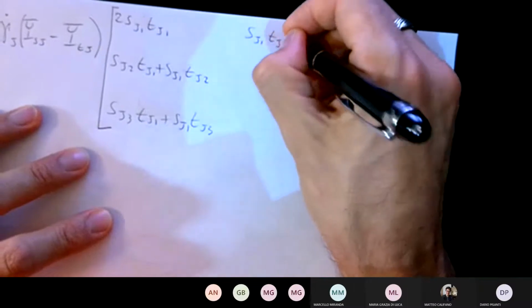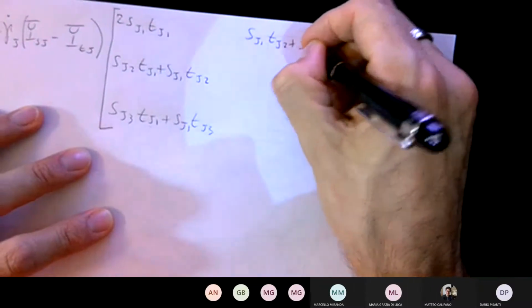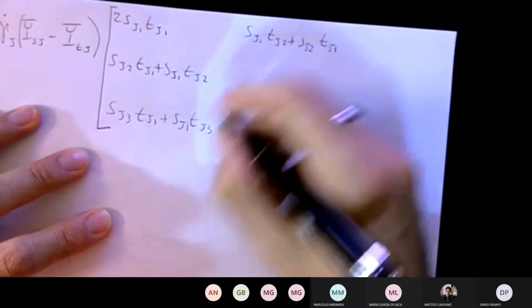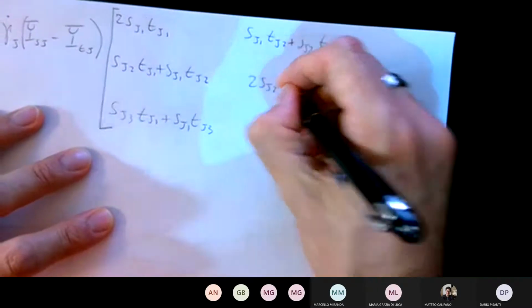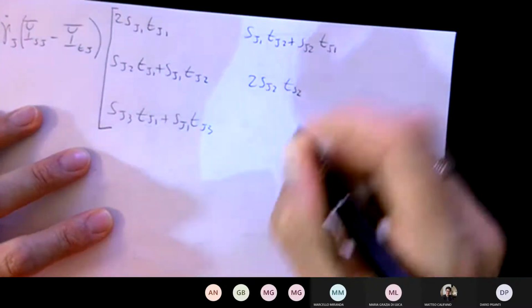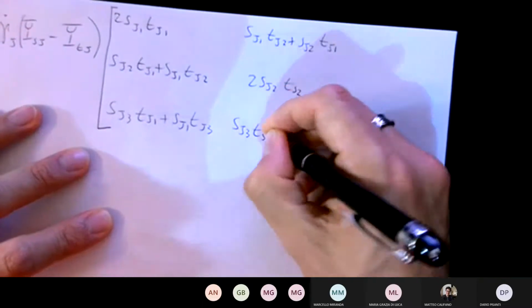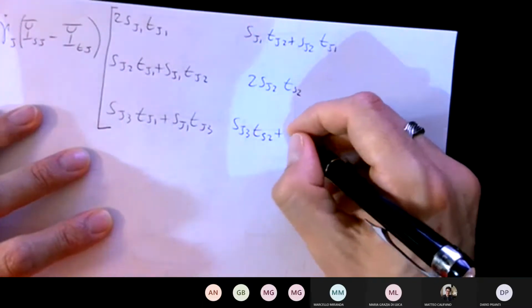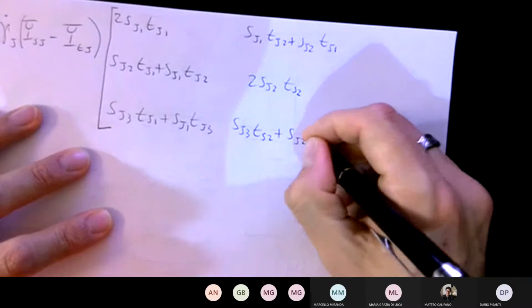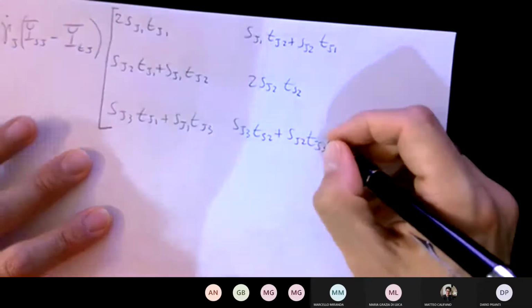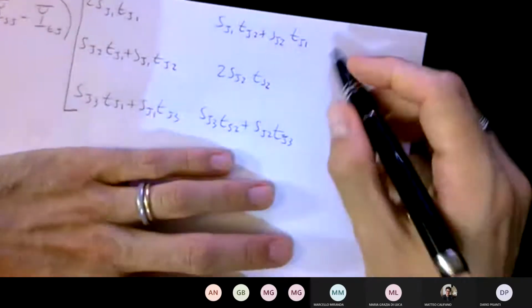Sj1 Tj2 plus Sj2 Tj1, twice Sj2 Tj2, and down here I have Sj3 Tj2 plus Sj2 Tj3. These are all projections, these are all scalars, okay?